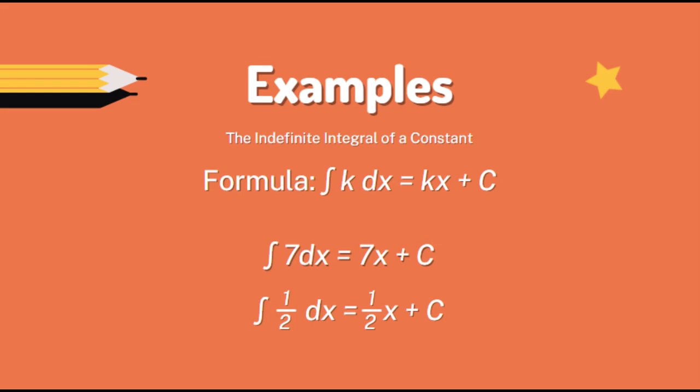When given a problem like this, one must find the constant, which is represented as k in the formula given. From here, we can immediately determine the answer, as 7 is our k. The same goes for the second example, where 1 over 2 is the constant. This will simply be equated to 1 over 2 x plus c.